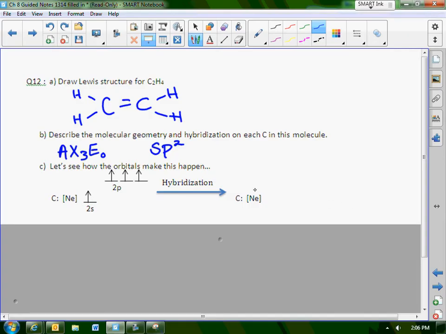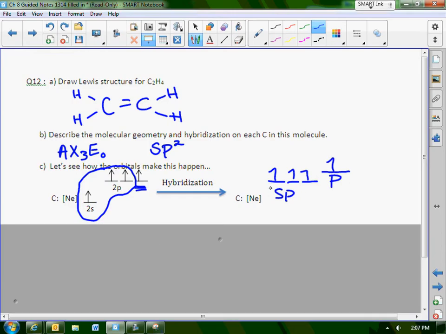So that's sp2. So what happens here is this electron and this electron right here, they're all the same energy. It's an sp2 energy, sp1, p2. So this is our sp2 energy. And then the pi bond here is not hybridized, and that's this 4th electron right here, and that pi bond is just the p electron.